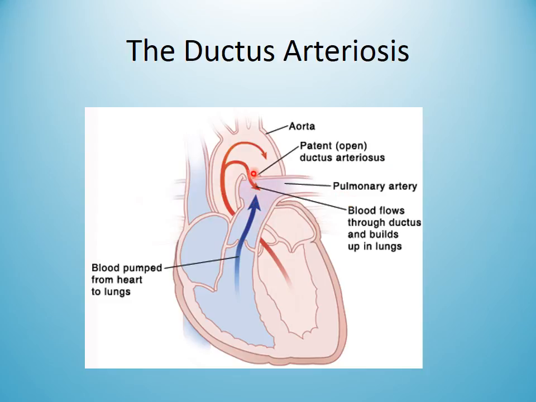But there is an opening right here, which does not exist in anything but a fetus in normal, healthy circumstances. But there's going to be a ductus arteriosus here where blood can flow directly from the pulmonary artery into the aorta, into the systemic circulation of the fetus.